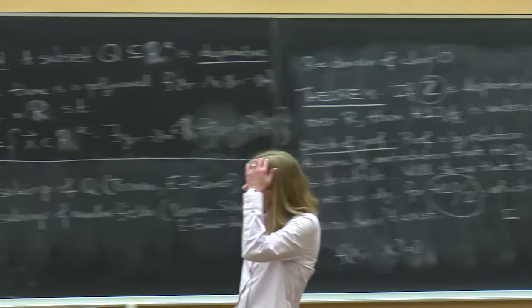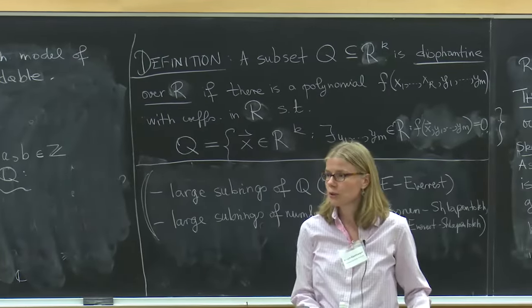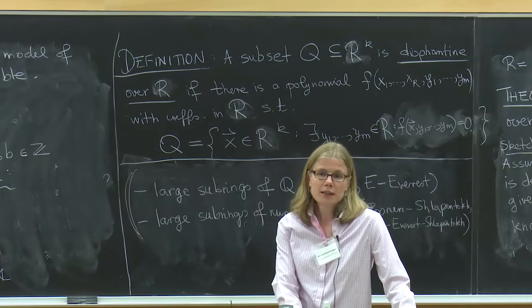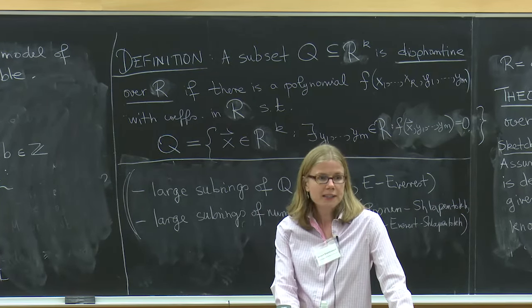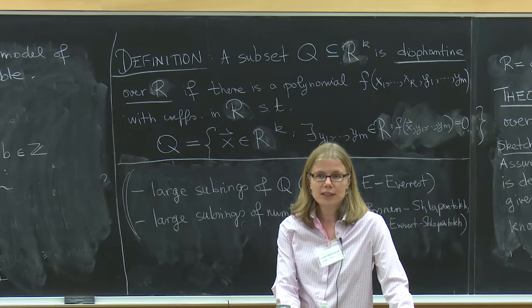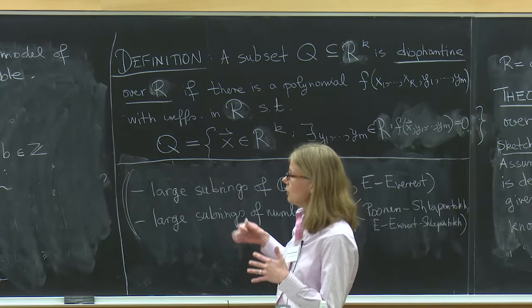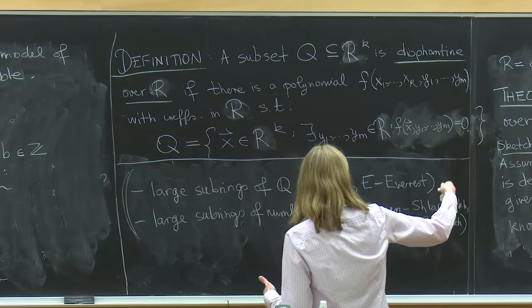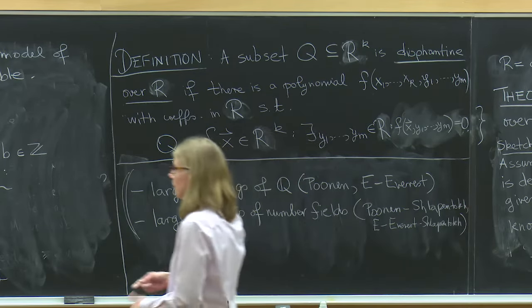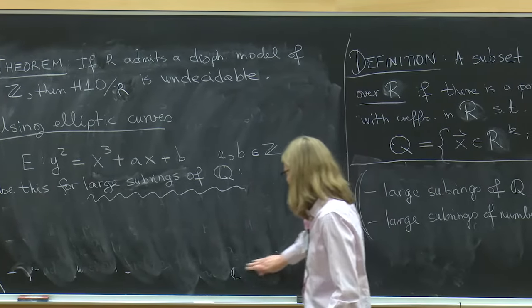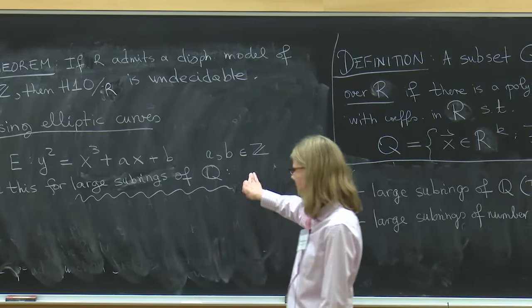Well, there's such a thing called Mazur's conjecture, which I'll mention this afternoon. If Mazur's conjecture holds, then not only is Z not Diophantine over Q, it also doesn't even have a Diophantine model. So this sort of proof through reduction might not work for Q if we believe in Mazur's conjecture.